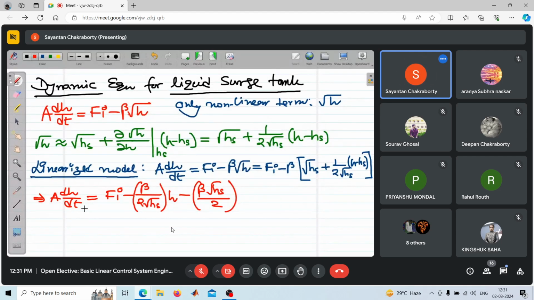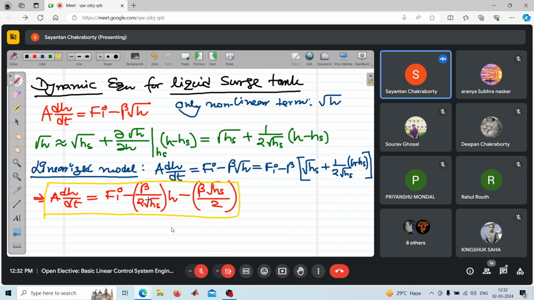So basically it's a function of h, Fi, and some constants. So this is the final linearized model. Why is it linearized? See, there is no root over h term present. Root over hs is a constant.